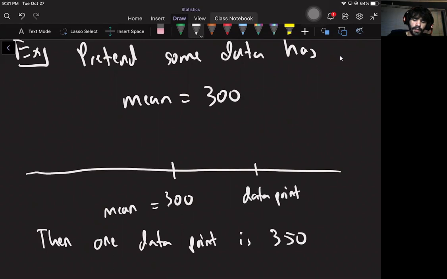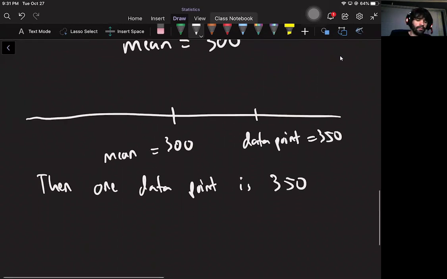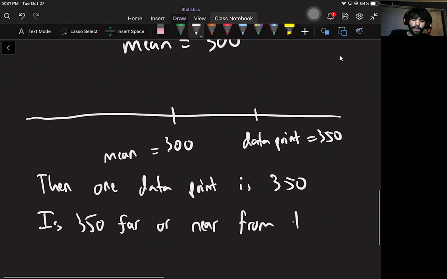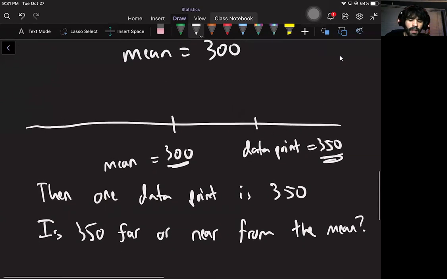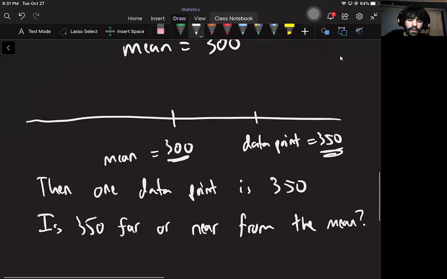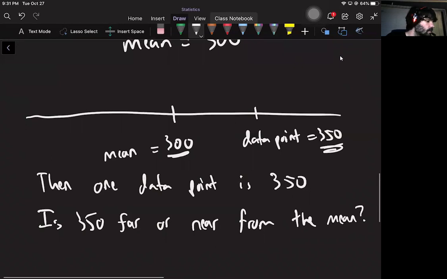So is 350 far away from the mean or near the mean? Well, it's all relative. How do you know if 350 is far away from 300? Sure, it's 50 away, to be extra precise, but I don't really know if that's a lot or not if I don't know how spread out the data is. That's what we need to know.